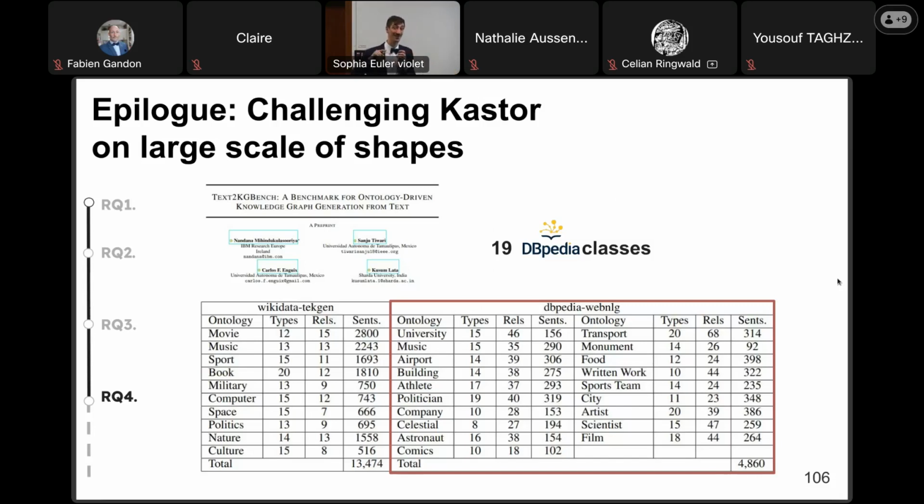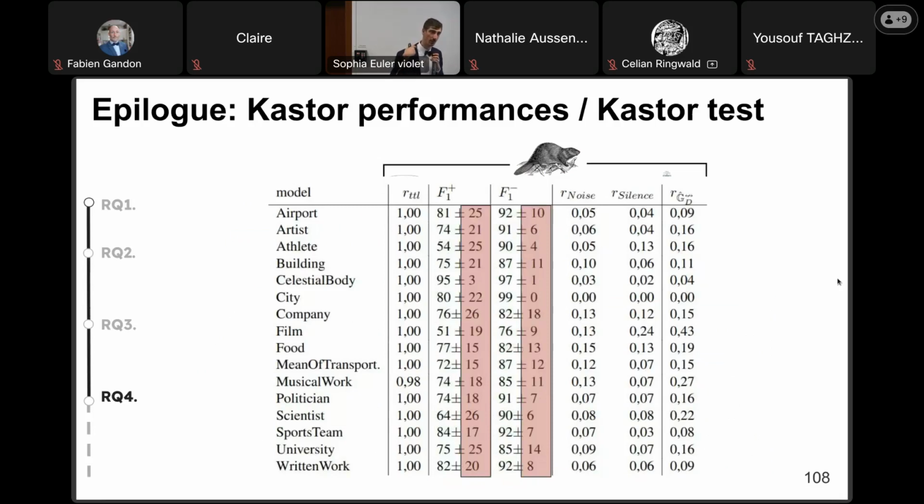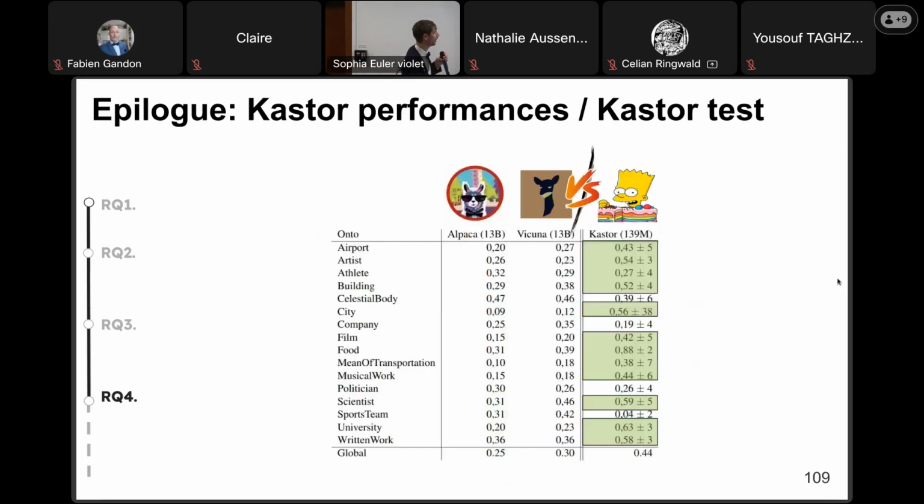We then fine-tune a model for each of these classes to have, at the end, one specialized model per class. The results we obtain are pretty good when we compare ourselves using a Wikipedia test set. But we can see that we also have really high variance that could be related to a problem we tried to solve and solved in the last work I presented. And when we compare ourselves with a WebNLG test set, we can see that our models perform better than the baseline proposed by the benchmark.